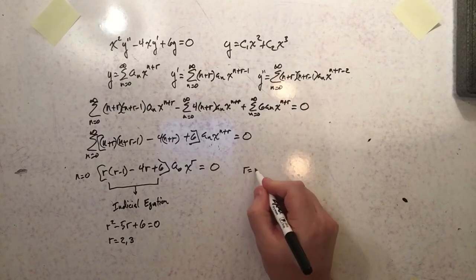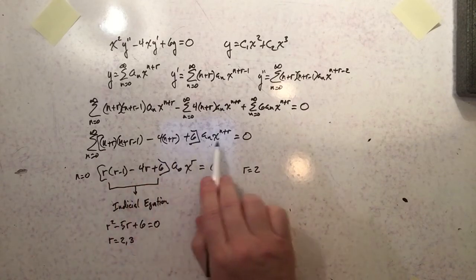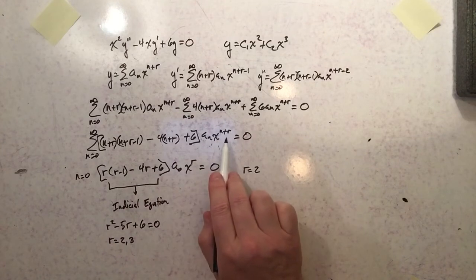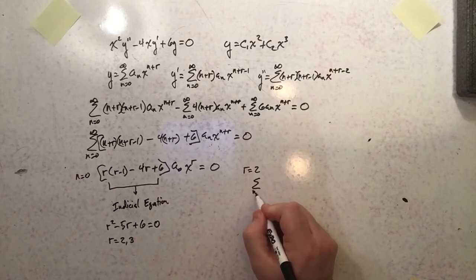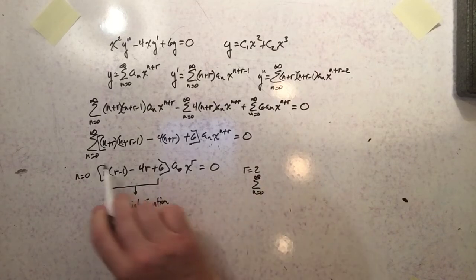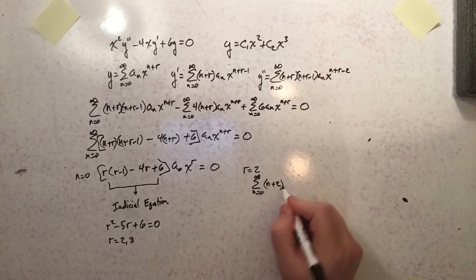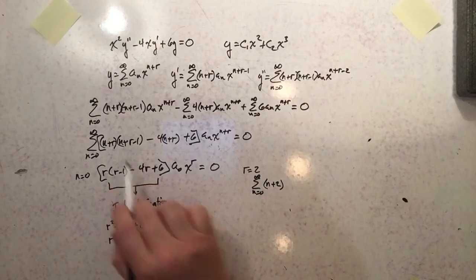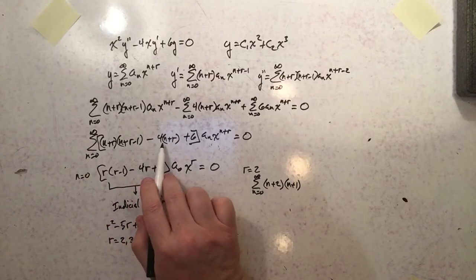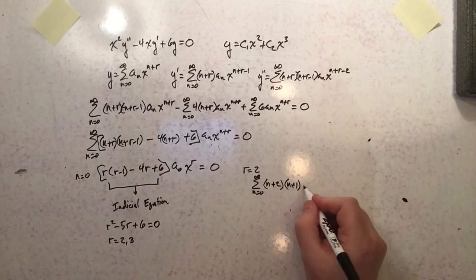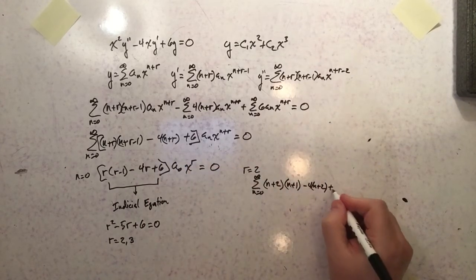When r equals 2, that means this series doesn't look like this anymore. We can actually fill in the fact that r is equal to 2. So let's fill that in. So now the series reads summation n equals 0 to infinity, and again, it's going to be n plus 2 times n plus 2 minus 1, which is n plus 1, minus 4 times n plus 2, plus 6.